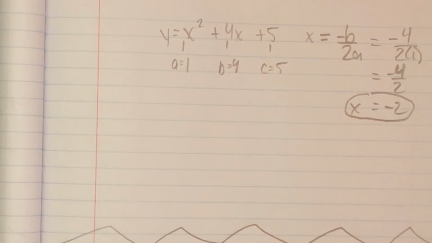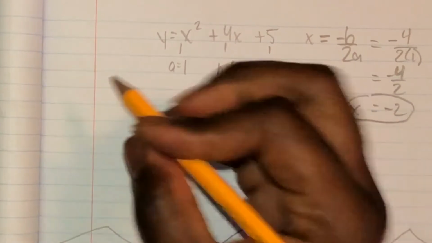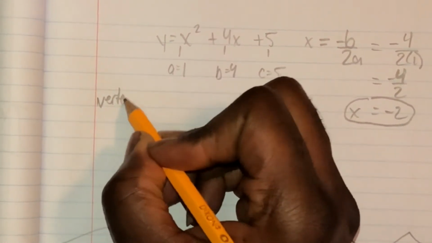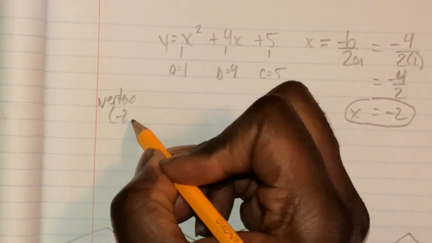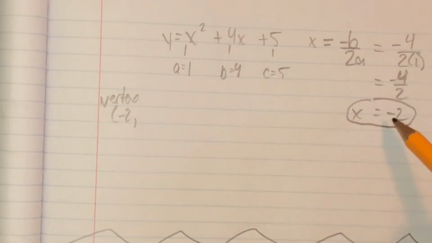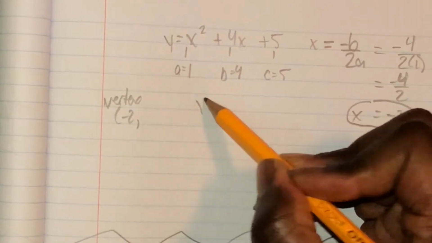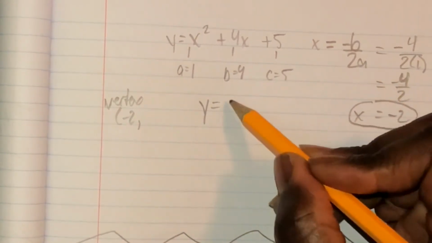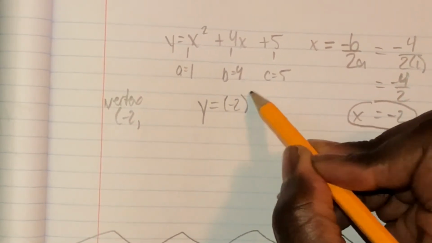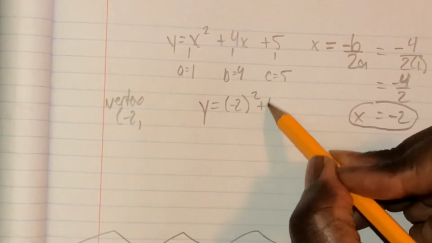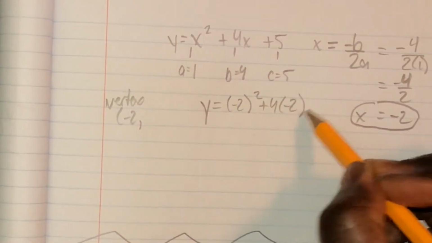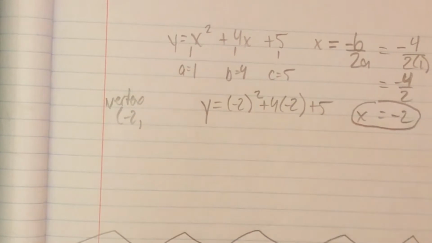Okay, all right, okay, all right. So my vertex is at negative 2, comma. We're going to substitute this negative 2 into this equation. Y is equal to negative 2 squared plus 4 times negative 2 plus 5.